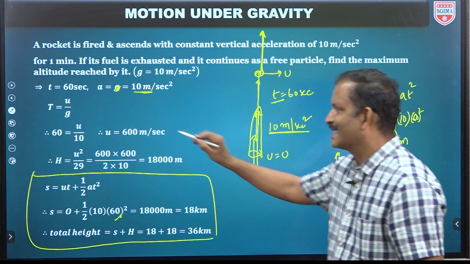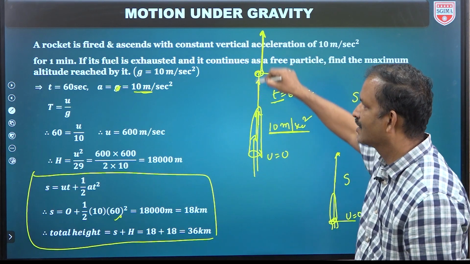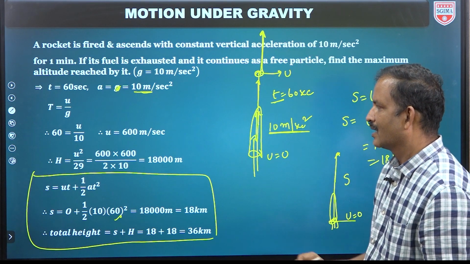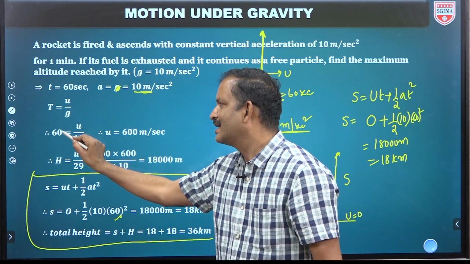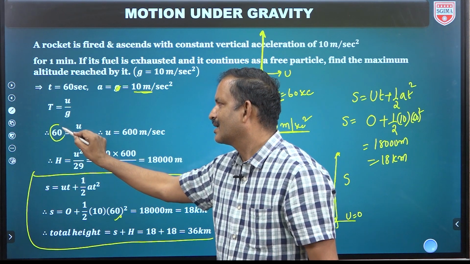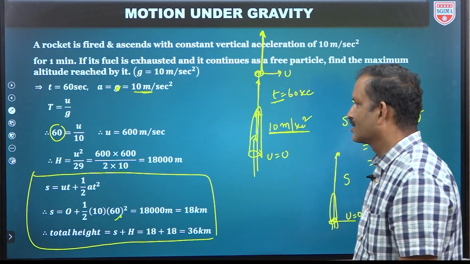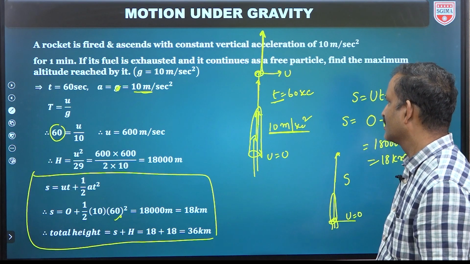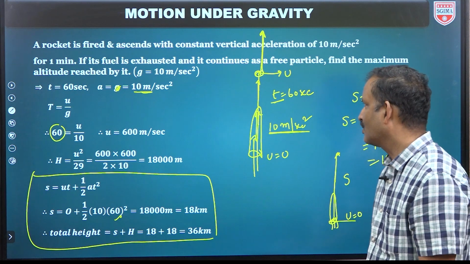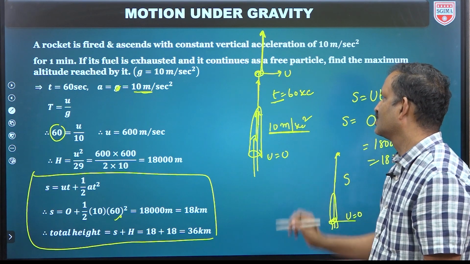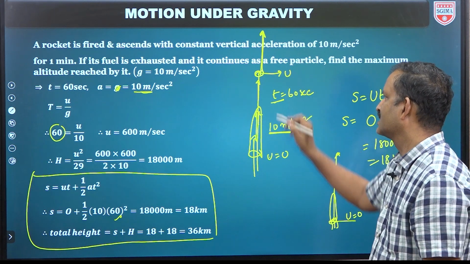Once fuel is exhausted, it is a vertically projected body. So time of ascent is, what time it will get? So time of ascent is, we can calculate this here: velocity u is equal to 0, t is 60 seconds.